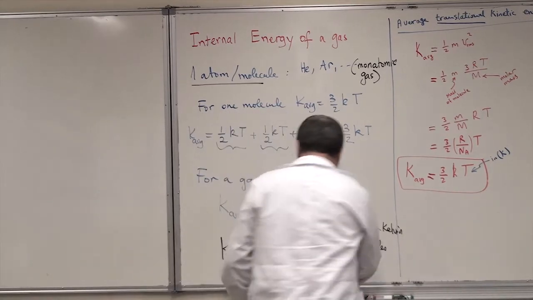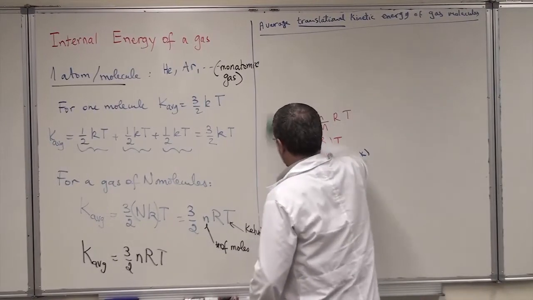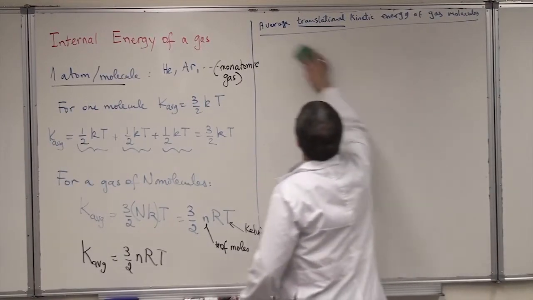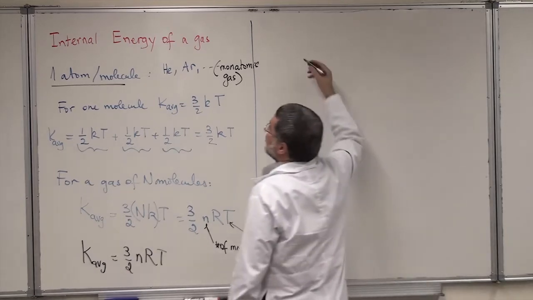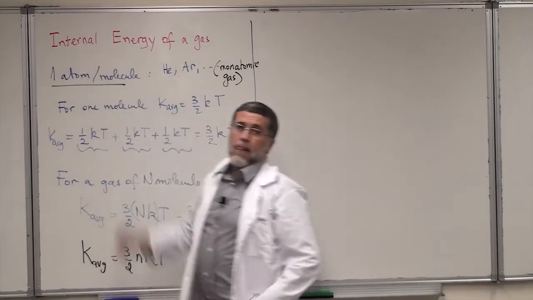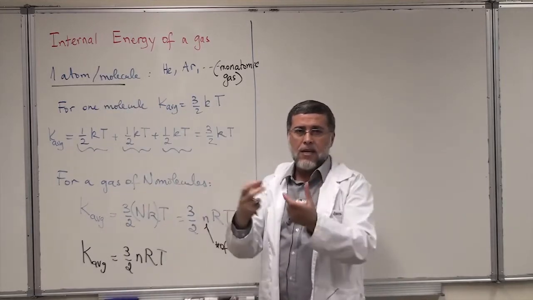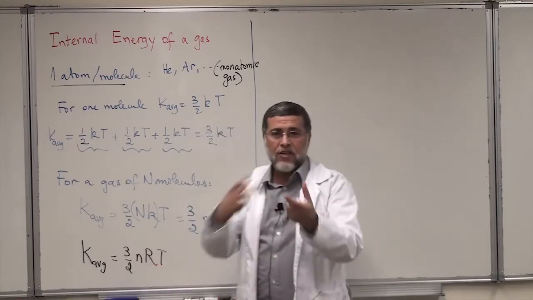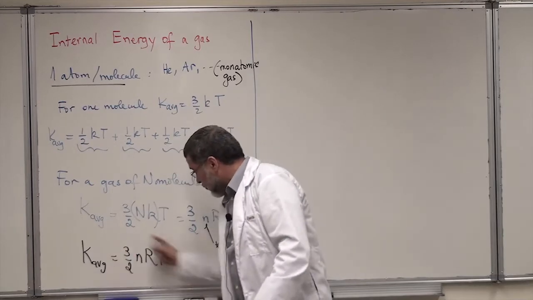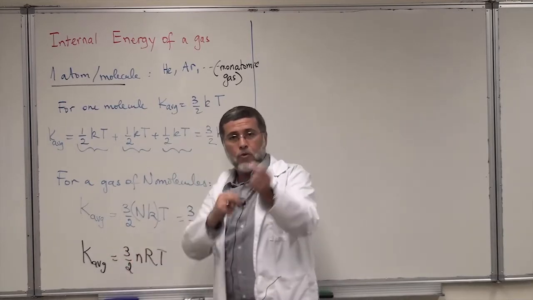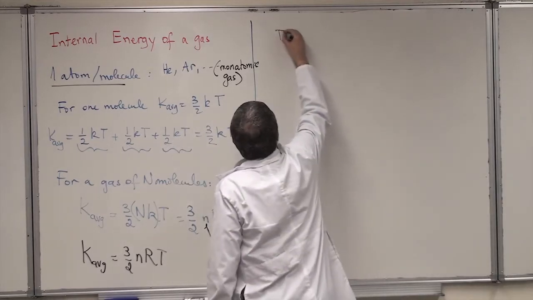Remember we talked about something called the internal energy of a gas, so let's relate to the internal energy. When these molecules are moving inside the gas, this kinetic energy of all the molecules moving in the gas is actually the internal energy of the gas.